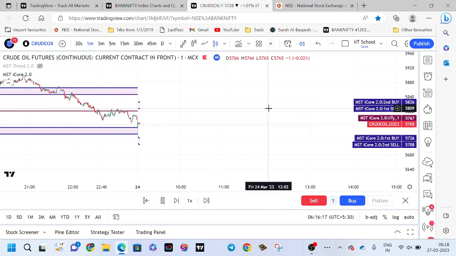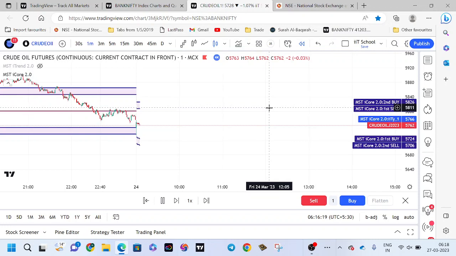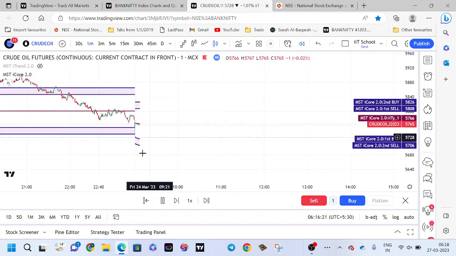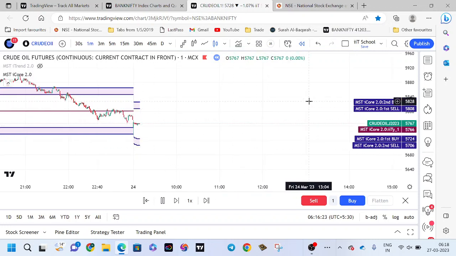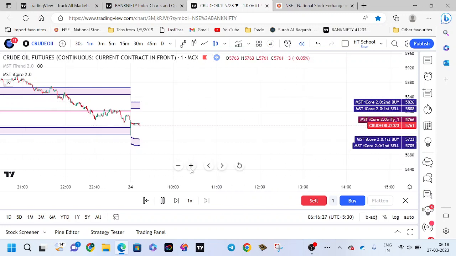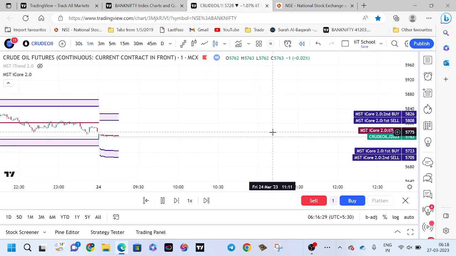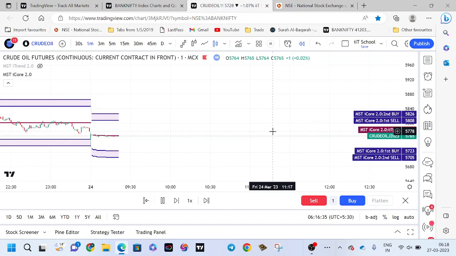See here, immediately after the market is opened, we have got our 5 lines formed. Initially it will have a very tiny SL only. The SL will be a minimum of 20 points. So in crude oil, you can keep a minimum 30 points stop loss and 30 point target.